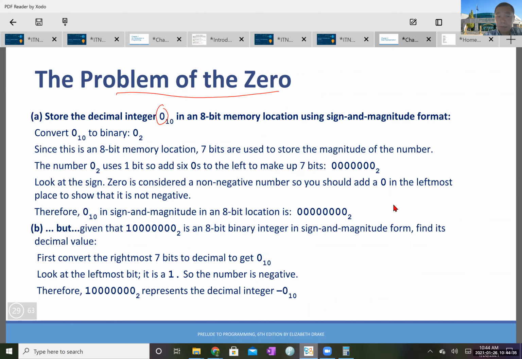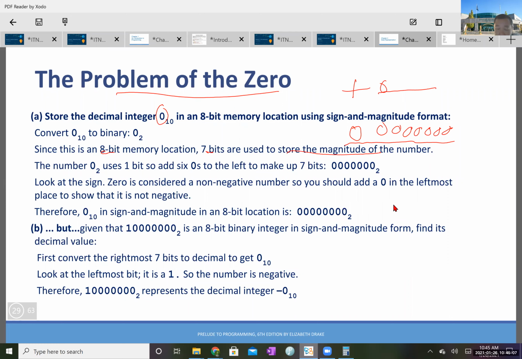If you want to convert the decimal zero into sign magnitude, you have the 8-bit memory, the 7 bits to store the magnitude and 1 bit to store the sign, right? So if you store positive 0, the first bit, the sign bit, is 0 because it's positive, and the magnitude is 0, so you have the 7-bit 0 here. Okay, so we see all of them 8-bit 0, it is a positive 0.